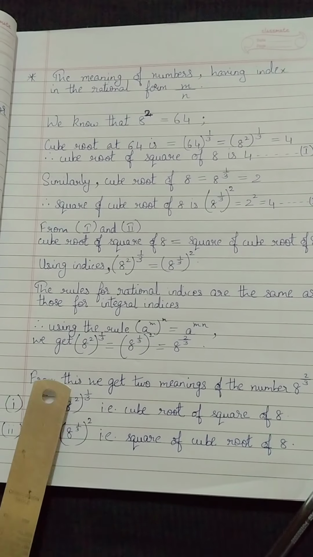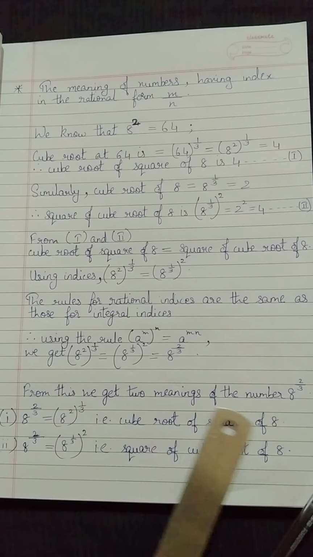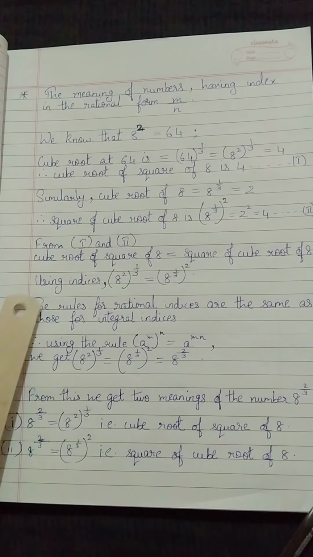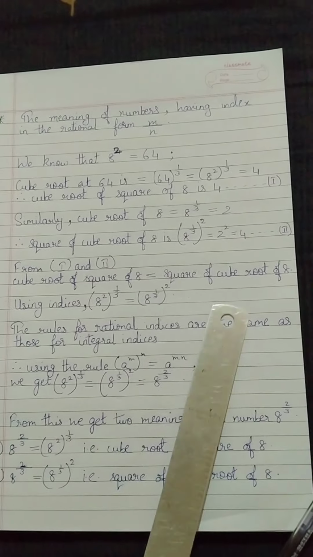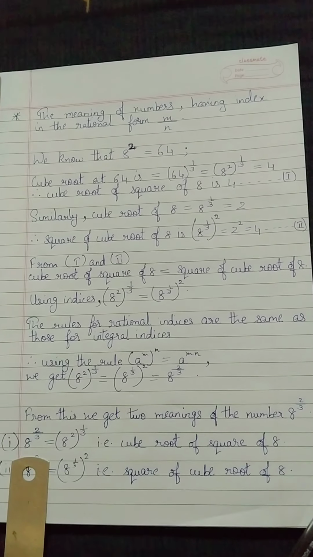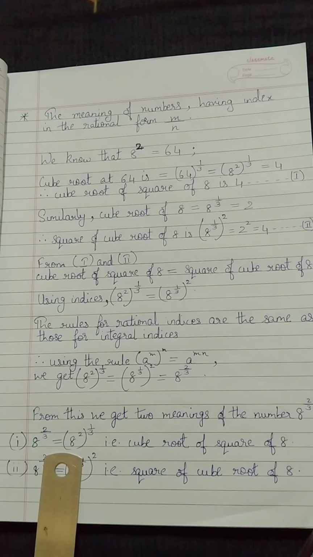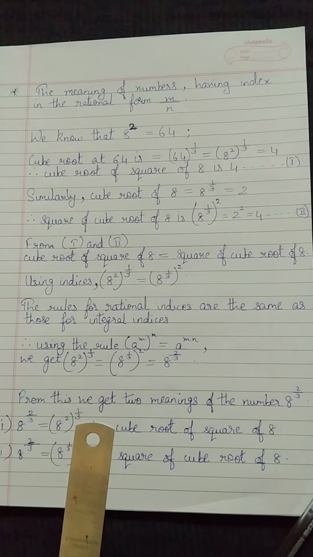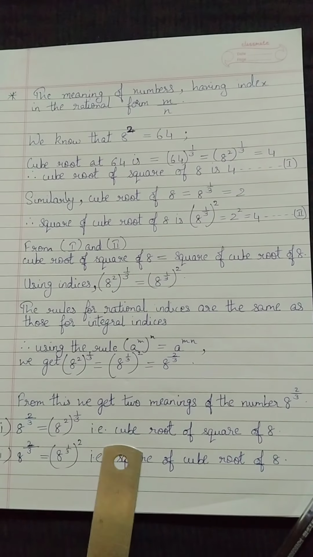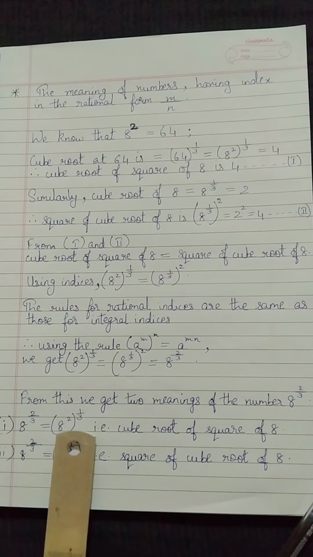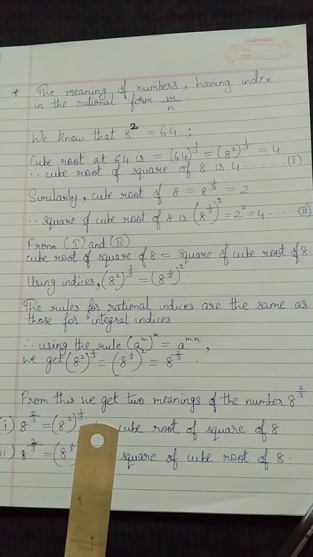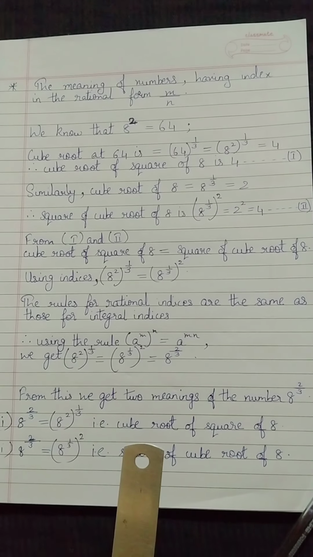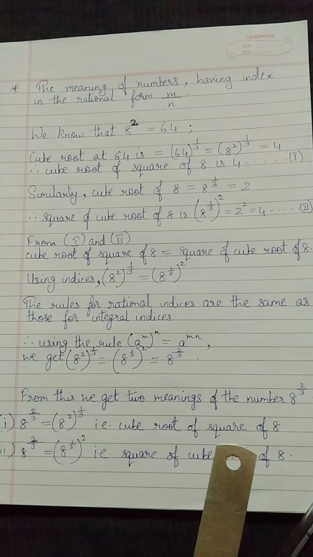So from this we get two meanings of the number 8 raised to 2 upon 3. 8 raised to 2 upon 3 is equal to 8 raised to 2, then raised to 1 upon 3, the cube root outside the bracket, which comes first: the cube root of the square of 8.